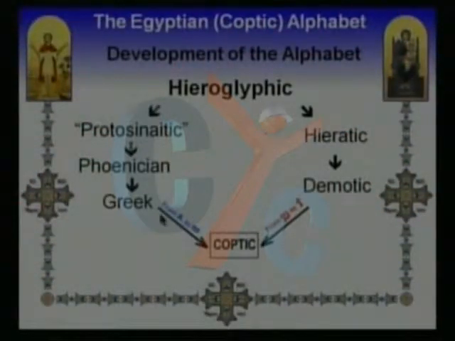And if we would like to see the origin of this thing, we can see that this is the Coptic alphabet, 26 letters from the Greek and 7 from the Demotic.